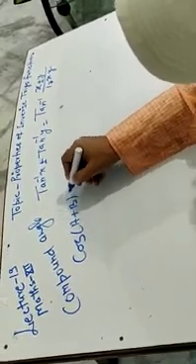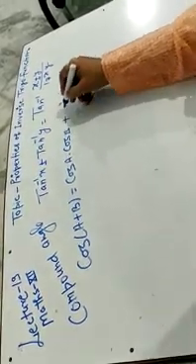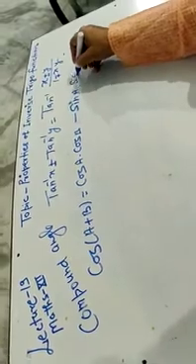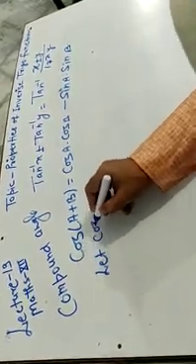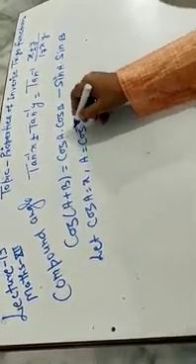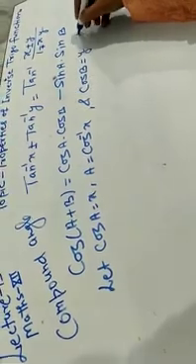You already learned in the previous class cos (A plus B) equals cos A into cos B minus sine A into sine B. Let cos A equal to x, A equal to cos inverse x, and cos B equal to y, B equal to cos inverse y.